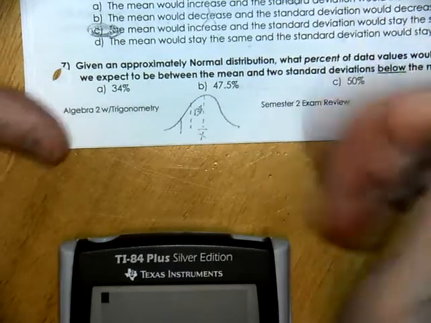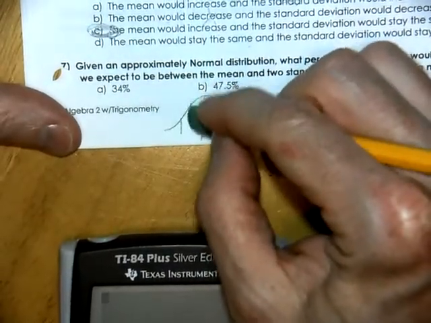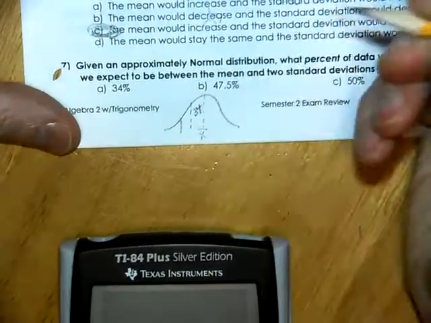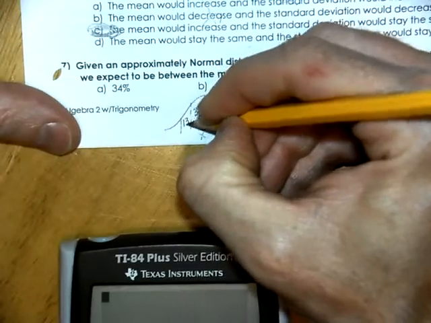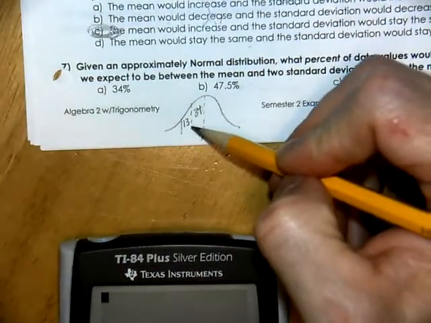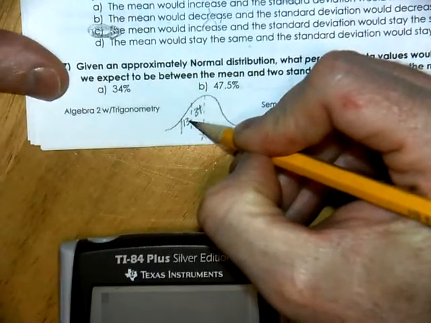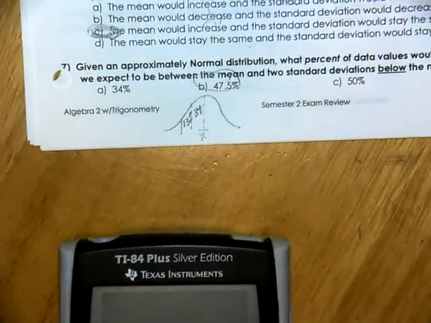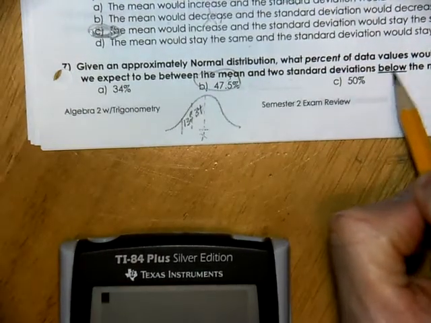That's actually, sorry, that's 34%. That's 13%. So that's 13.5 actually. So that's our 47 if you want it to be below the mean.